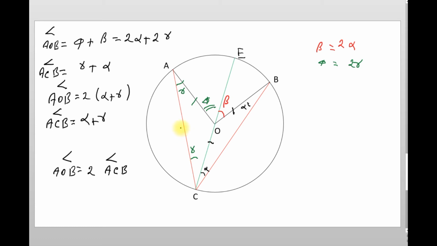Now, this was a case where the position C is such that the two lines AB and AC are on different sides of the angle AOB. If they are not, we can still prove this theorem, which is what I'm going to do now in the next slide.